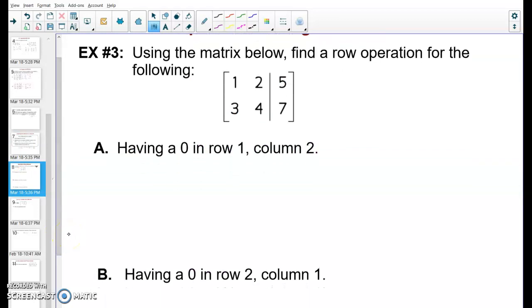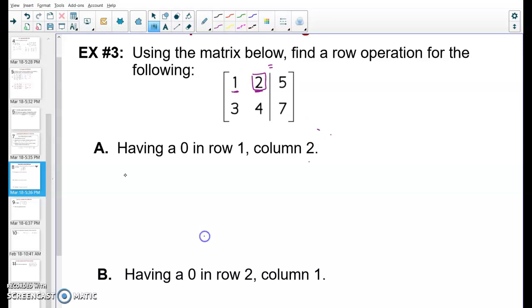We have this matrix here, and note it's an augmented matrix, this would be an equal sign. We want to find a row operation for the following. We want a 0 in row 1. Okay, so we're mainly looking at these first two numbers. We want to see if we can get one of those to be a 0. So what I'm seeing here is that 2 is a multiple of 4.